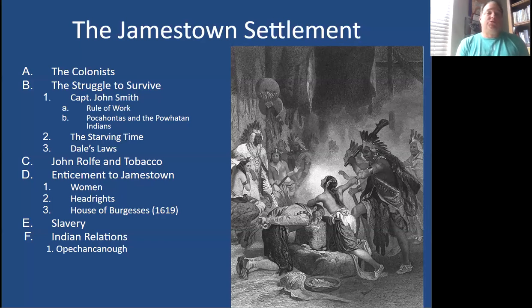It was hard being an indentured servant. I don't want to bypass that. But at the end of that 7 year period, there was some promise at the end. And by the way, for women, if they came and they were someone's indentured servant, maybe they had just served 2 years, and maybe a man there really was attracted to them and thought, I would like to marry this girl.